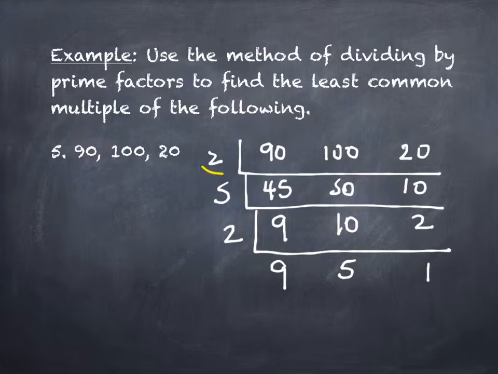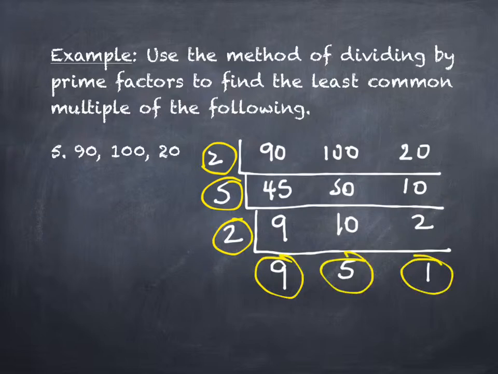Now, the least common multiple is all the numbers on the side, because they were factors, and all the numbers along the bottom, because they were quotients. So my least common multiple is 2 times 5 times 2 times 9 times 5, and you could say times 1 if you prefer, but this is the least common multiple. 2, 5, 2, 9, 5.